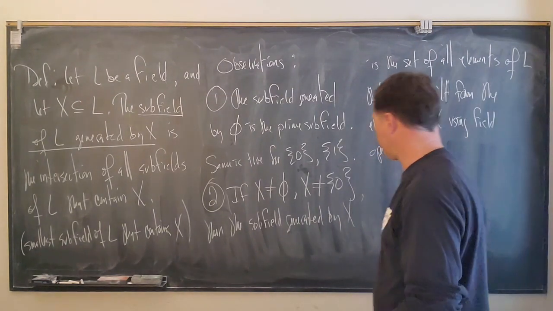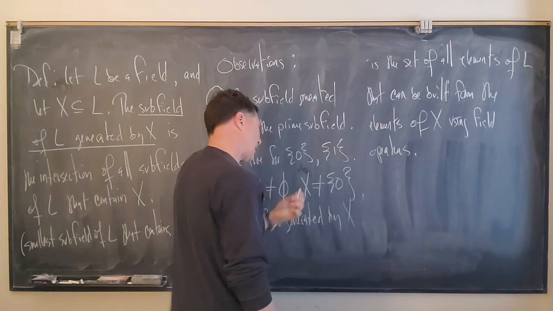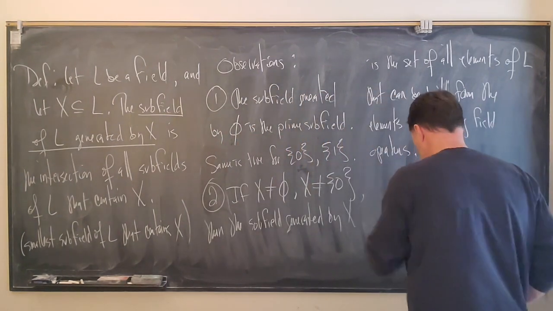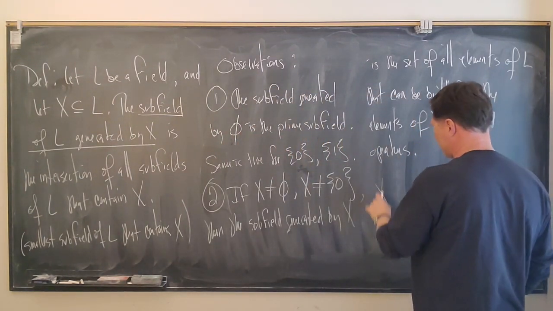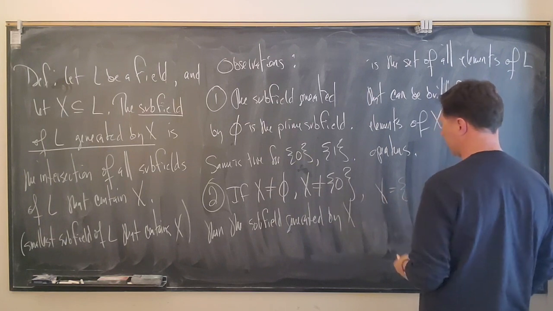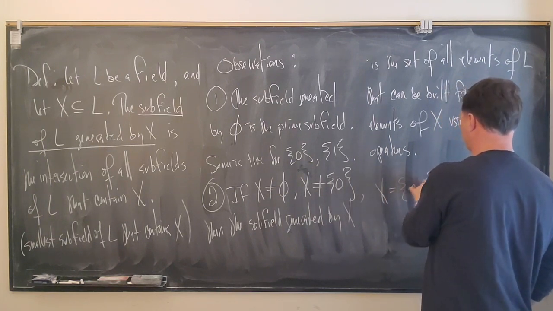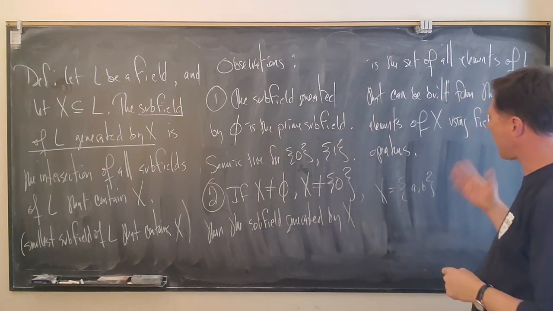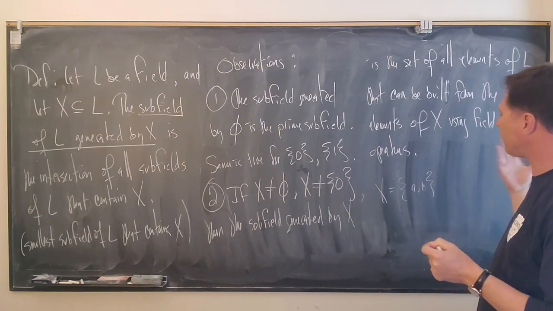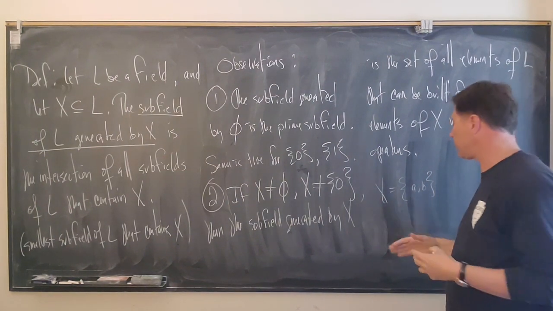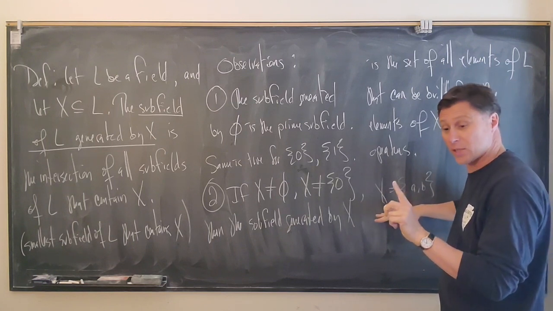So, for example, you don't need to write this down, but let me just give you an idea. Let's say that X consists of just two elements, A and B for now. How are we going to create a field, or what will the elements of the subfield generated by X look like?